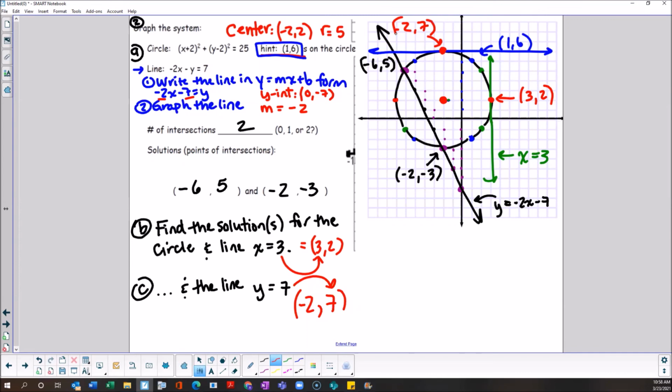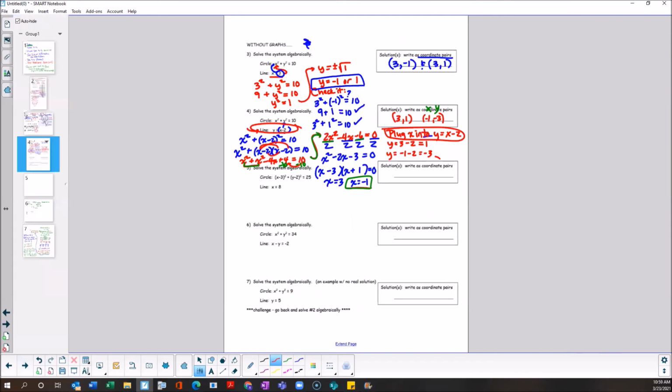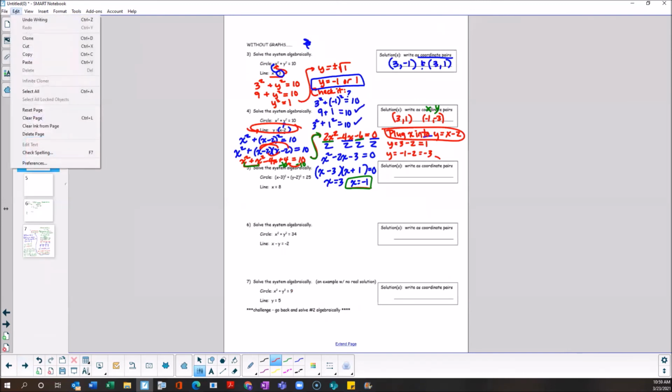Okay, so this is a lot more realistic about what you're expected to be able to do as far as graphing and solving systems of equations. Nothing too crazy complicated. If you look at the second page of the notes, though, let's do one of them algebraically. Let's do this one.